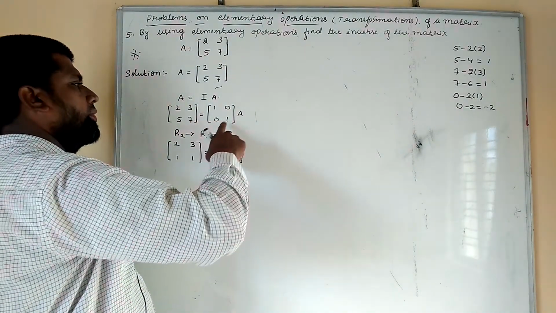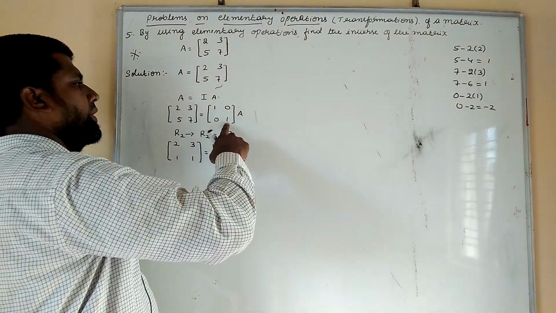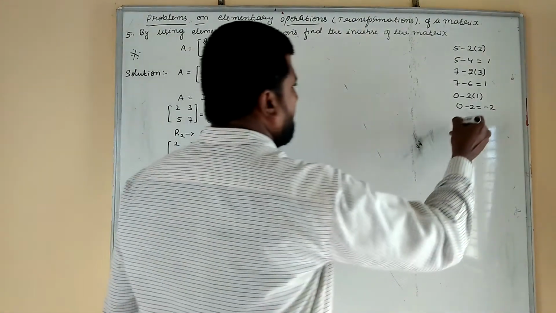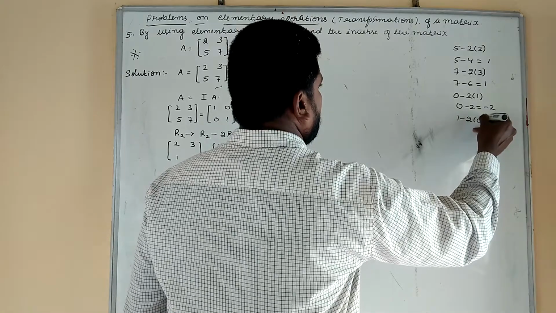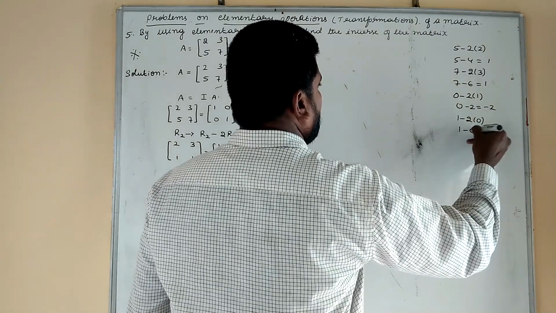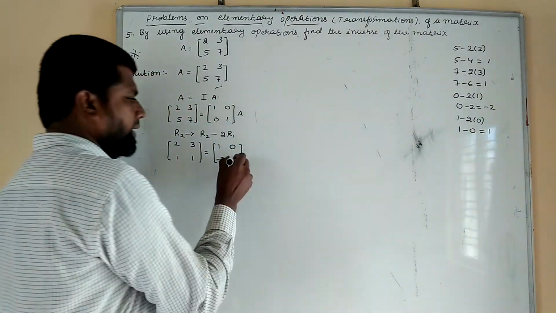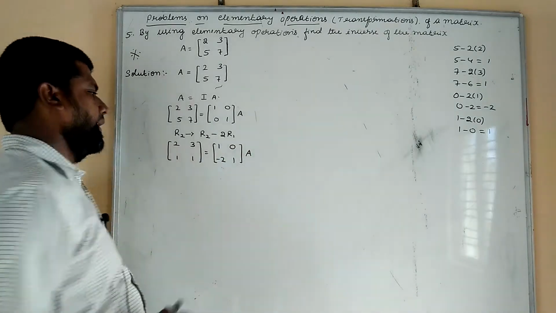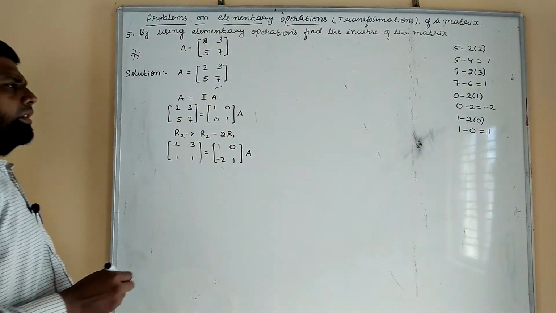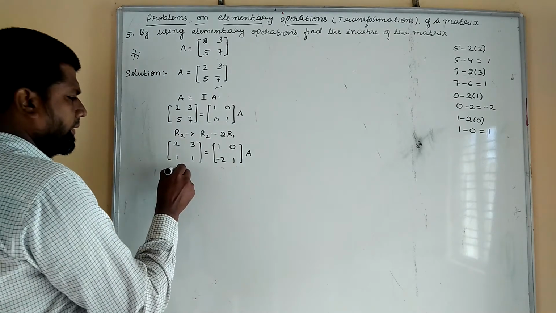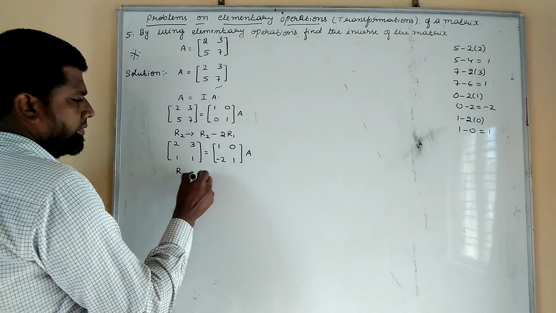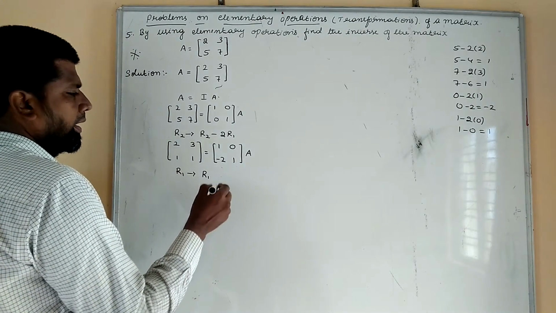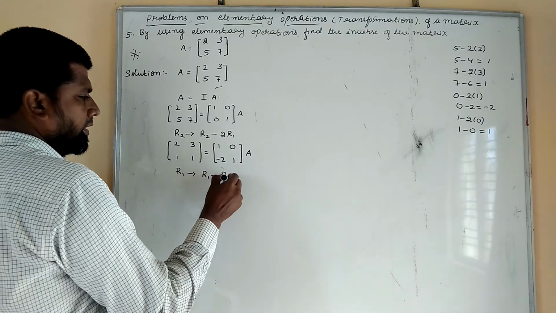Then again for R2, 1 minus 2 into 0, then 1 minus 0 is 1. You are getting here 1 into A. So now let us change R1. R1 changes to R1 minus R2.